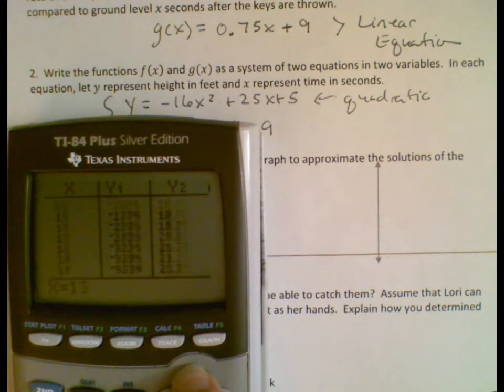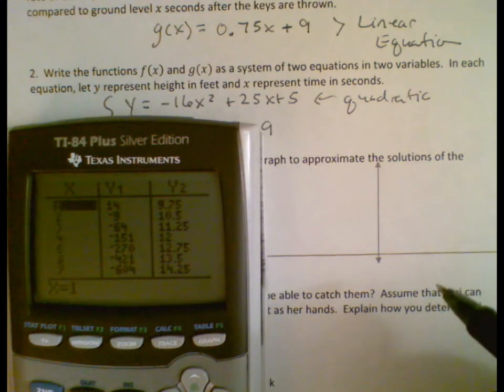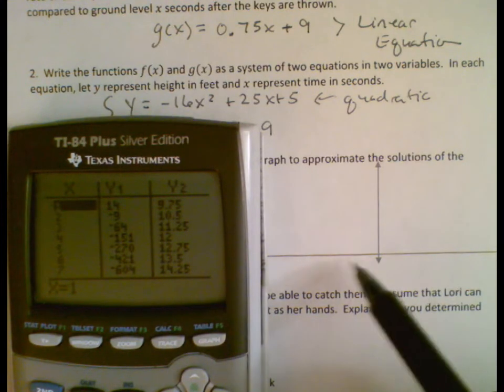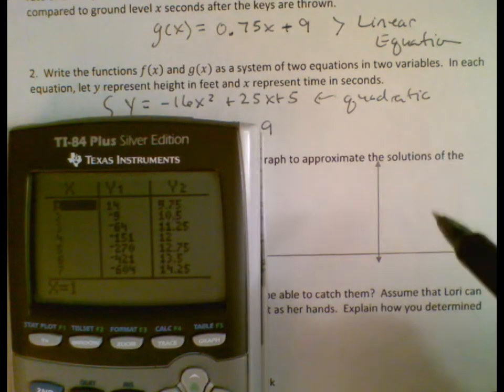Probably want some of the smaller ones. So we're going to kind of have to approximate. So I think when I set up my axes, I really only need the first quadrant.